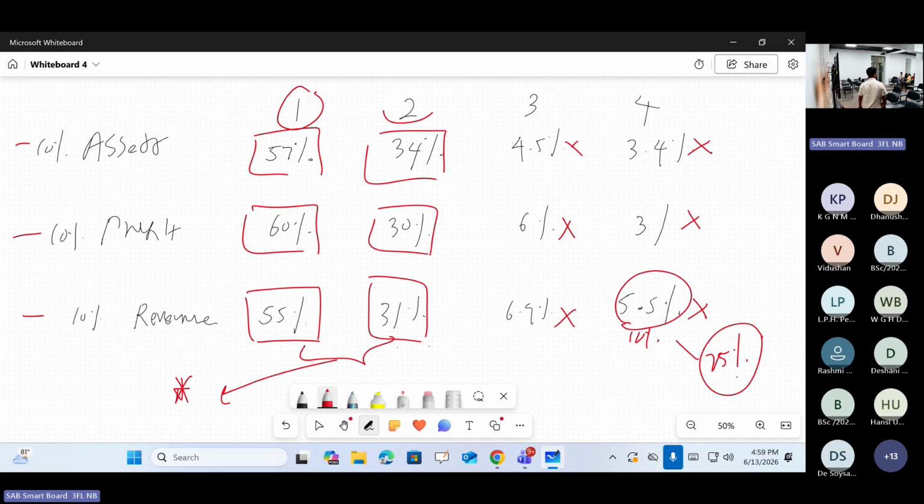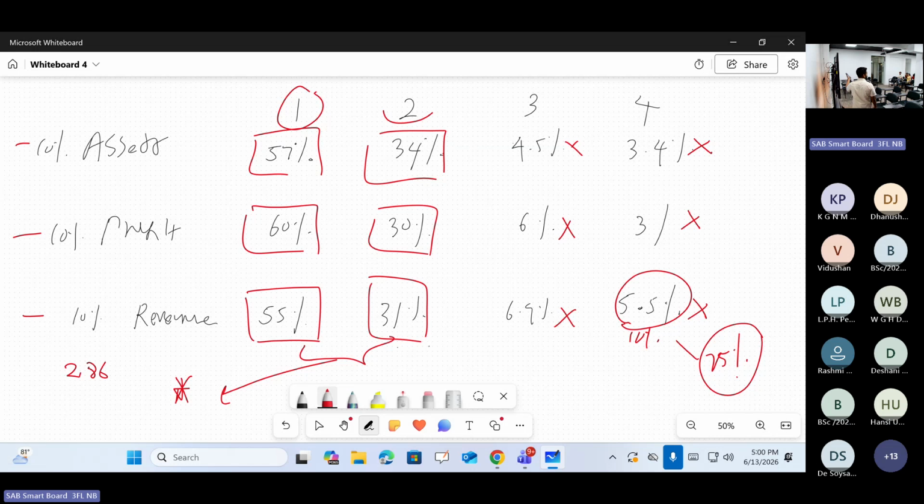Get the total revenue, get the external revenue of these two segments. How much is the total revenue? Total revenue means internal plus external. 286.